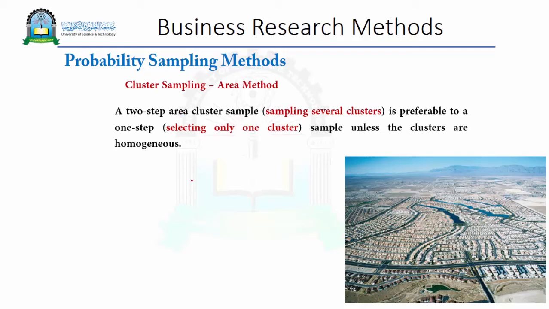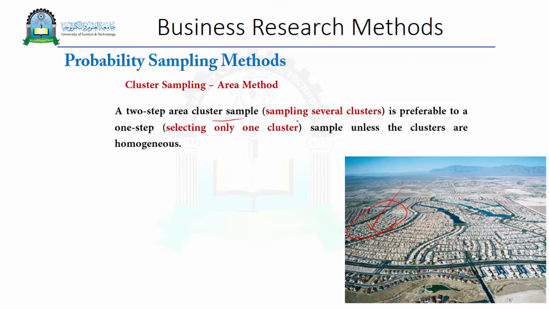So I can have this area divided into districts, so I might choose this district as my sample. So cluster sampling area method is a two-step area cluster sample.